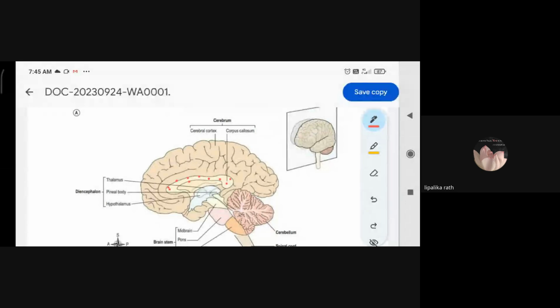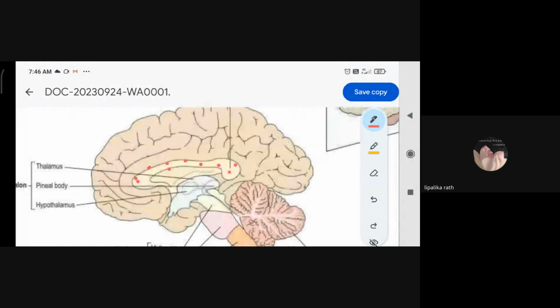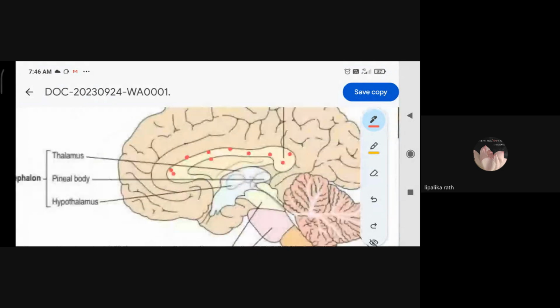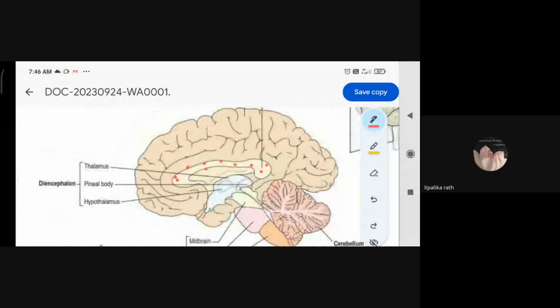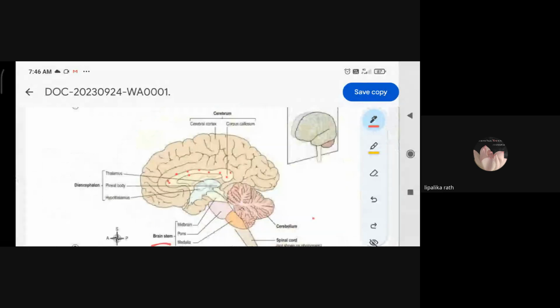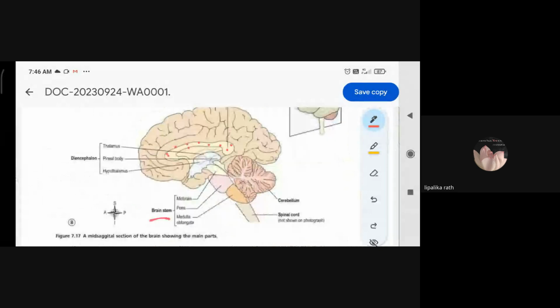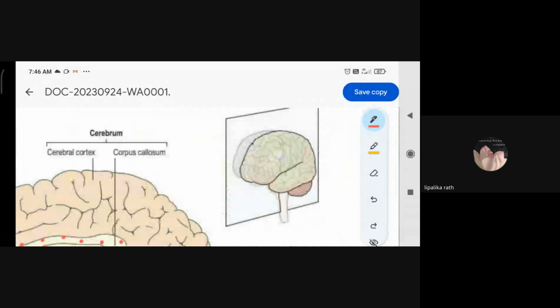So the cerebrum is including cerebral cortex and corpus callosum, and the diencephalon is including thalamus. You can see where the thalamus is located, pineal gland and hypothalamus. Okay, so this is the whole structure of the brain. You can see how this brain is dissected. In this picture, it is dissected from the middle.